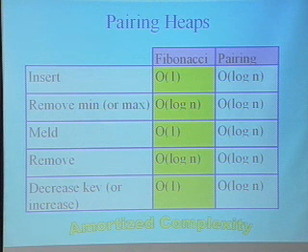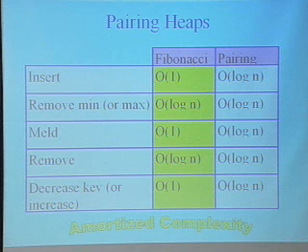And that's what turns out over here. The experimental studies that have been done using pairing heaps versus Fibonacci heaps in places like Dijkstra's shortest path or Prim's greedy spanning tree algorithm indicate that if you use pairing heaps, you actually get reduced runtime compared to using Fibonacci heaps.